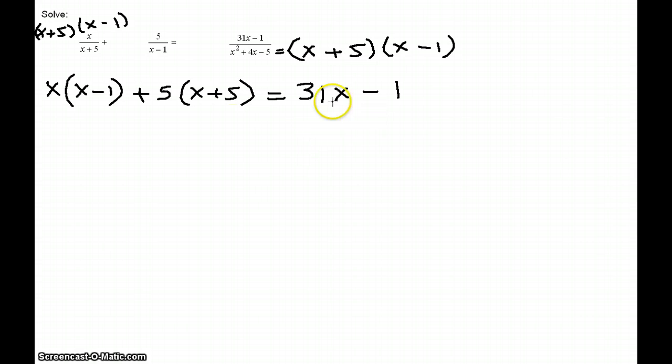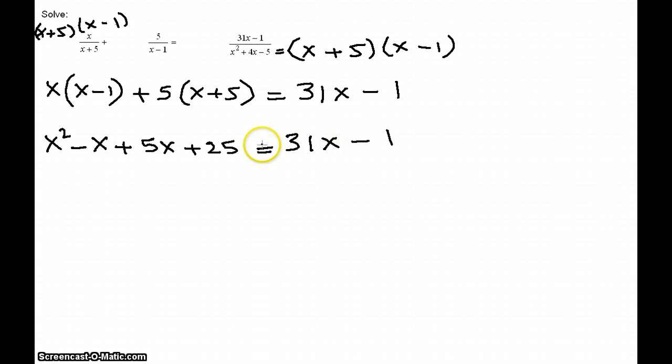Okay, on this one, I'm going to move everything to the left-hand side, and I'm going to multiply first. So this would be x squared minus x plus 5x plus 25 equals 31x minus 31. Move everything to one side: subtract 31x, and then add 31.